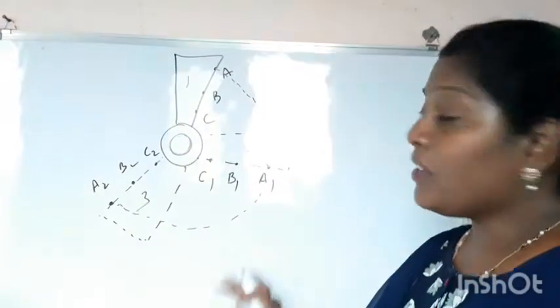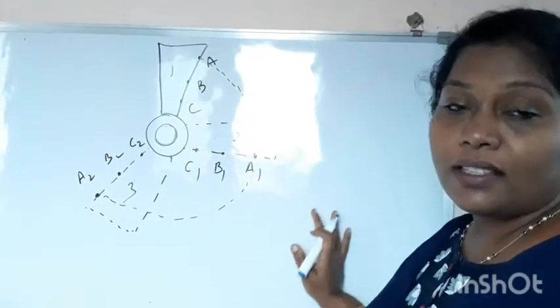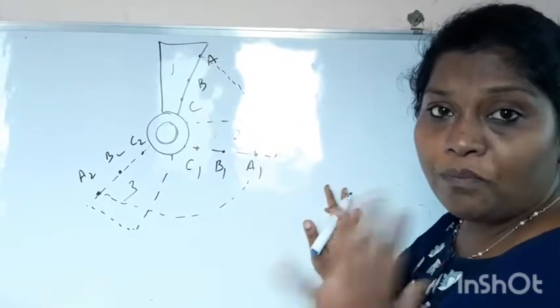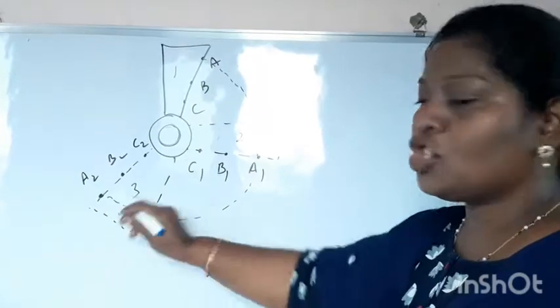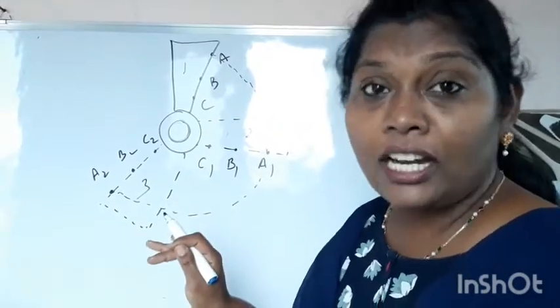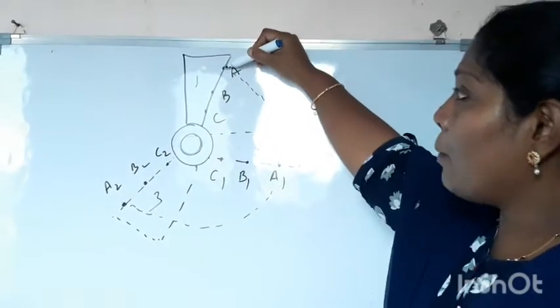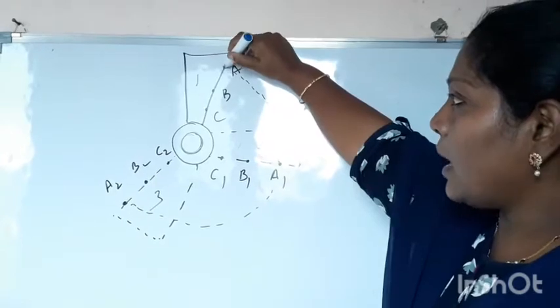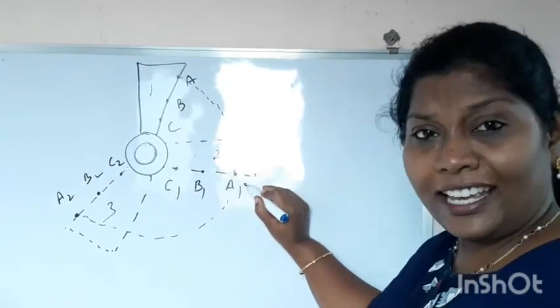So children, in the rotatory motion, definitely the particles which are present in the object are moving from one position to another position while they are in motion. Do you agree with me, children? See here carefully. The particle A is moving from A to the position A1.